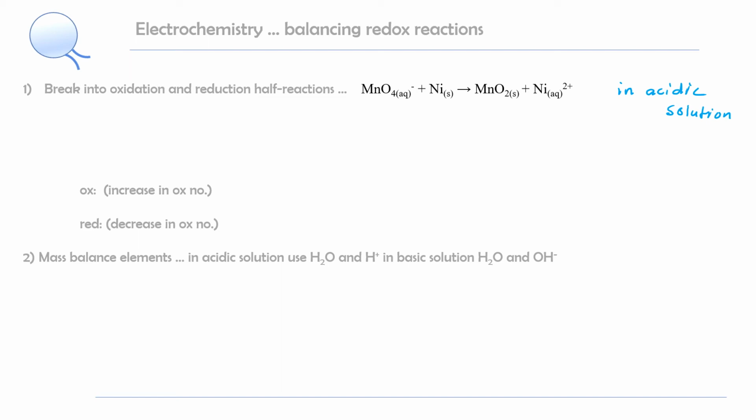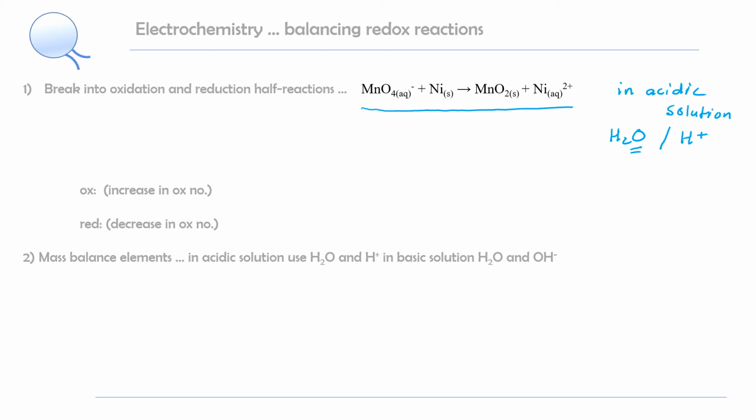We are going to introduce water molecules to balance the oxygen on one side. Once we introduce water molecules, you've introduced hydrogen, so on the other side you're going to balance with hydrogen ions. So let's balance this redox reaction.